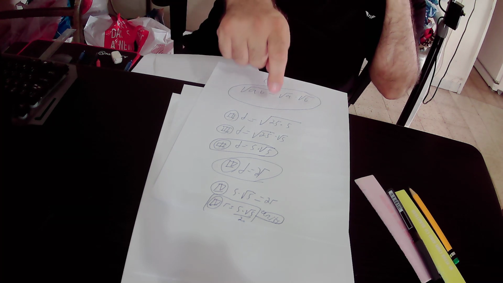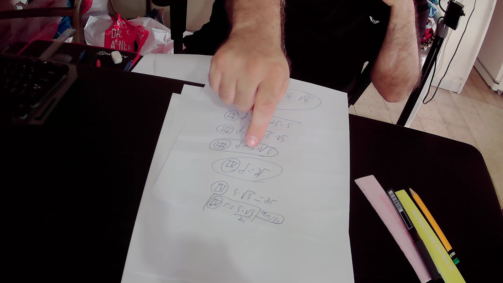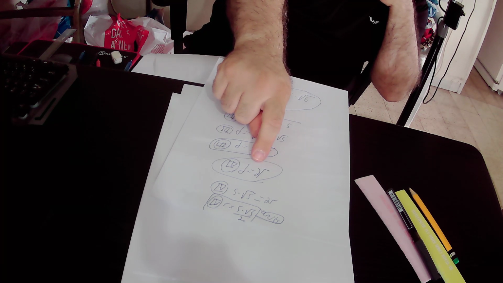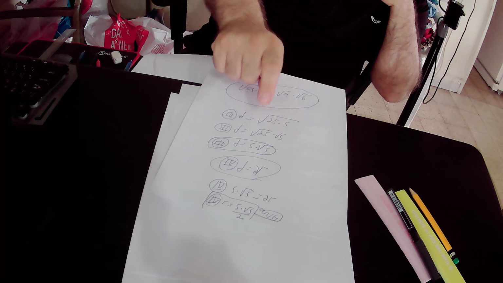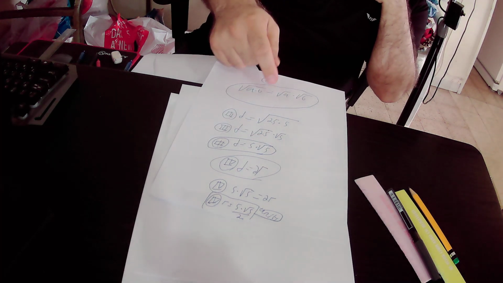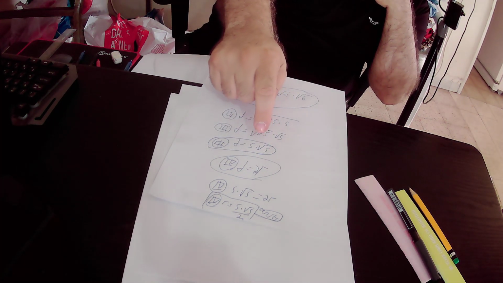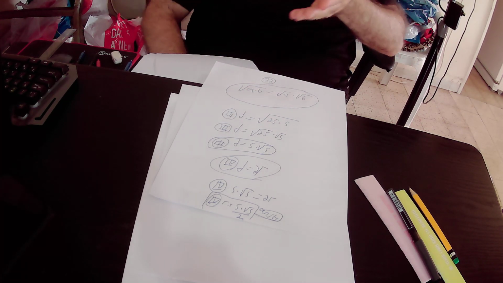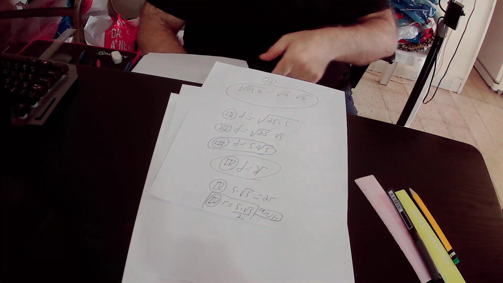So in general, in any circle the diameter equals 2 times the radius, and it's also true in our specific circle.